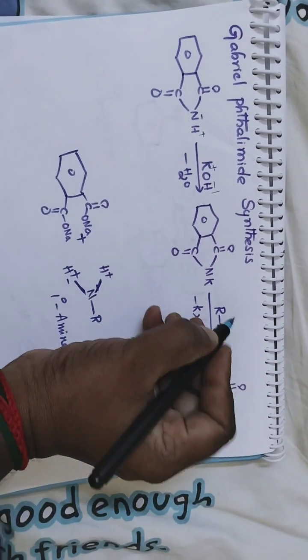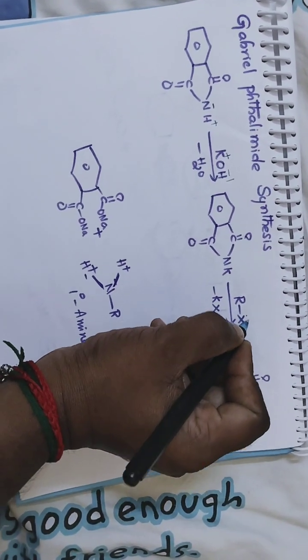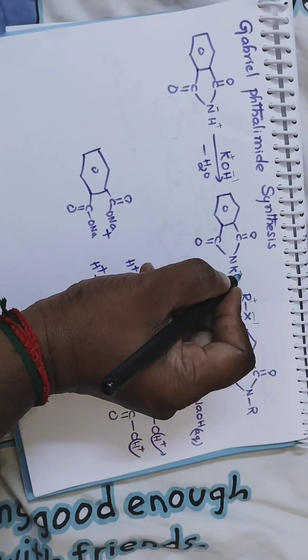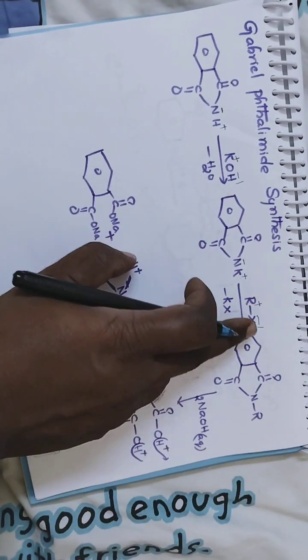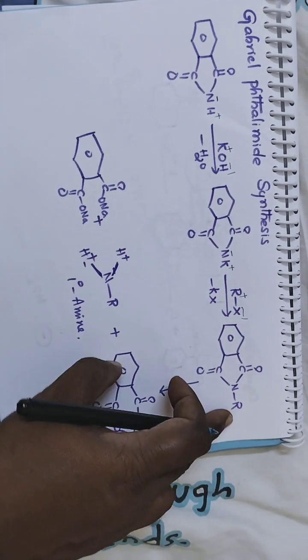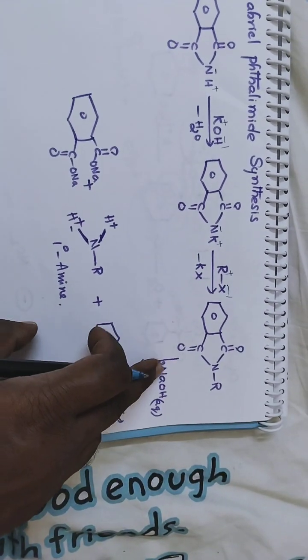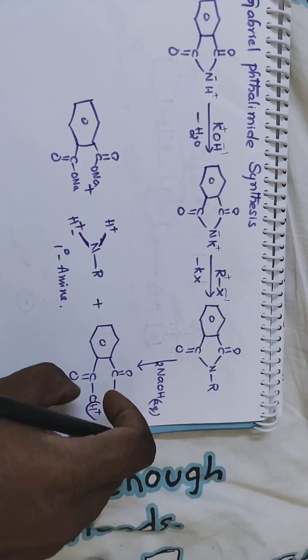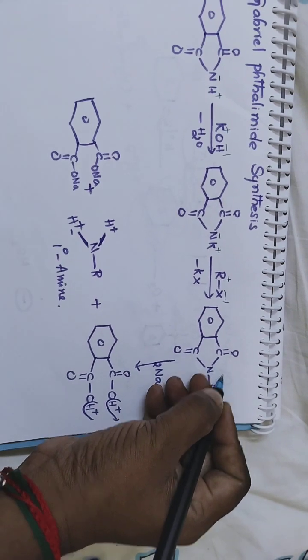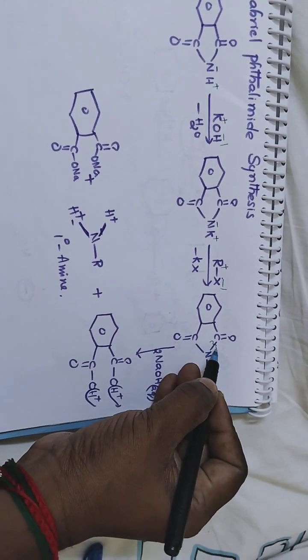Next, alkyl halide, halogen will be minus, alkyl will be plus. Again, this K plus, N minus. K plus halogen will be removed as KX. Now R is attached. Now if you treat it with 2 moles of NaOH, aqueous NaOH, bond cleavage will happen here.